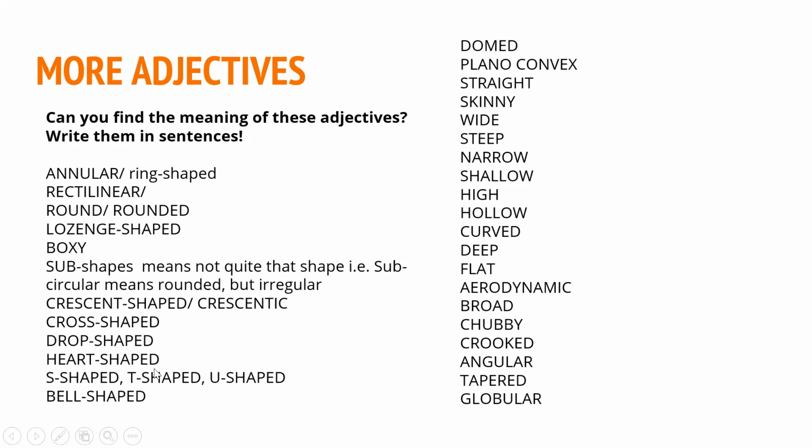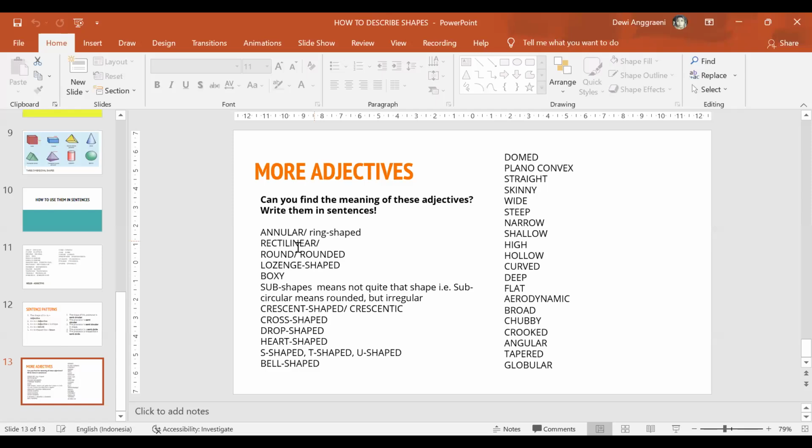Now, your homework is to find the meaning of these adjectives in Indonesian, and then I want you to write them in sentences, using the sentence patterns that I have introduced in the previous slides. This will be your homework, and done.